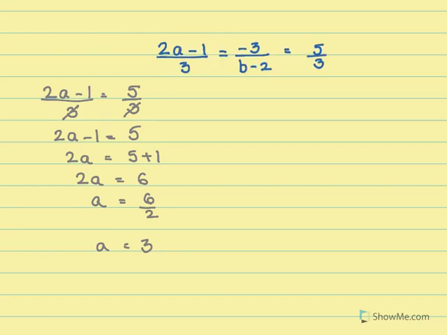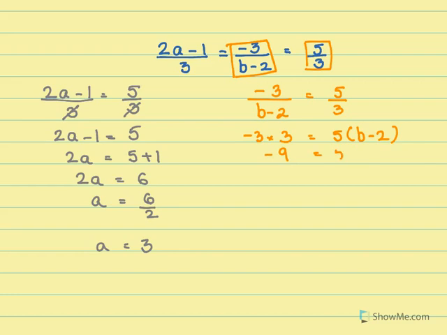Now to find out b, I'm going to take minus 3 over b minus 2 and 5 by 3. It becomes easier. So minus 3 over b minus 2 equal to 5 by 3. Now cross multiply. So minus 3 into 3 equal to 5 into b minus 2. So minus 9 equal to 5b, 5 into 2 is 10, so minus 10.